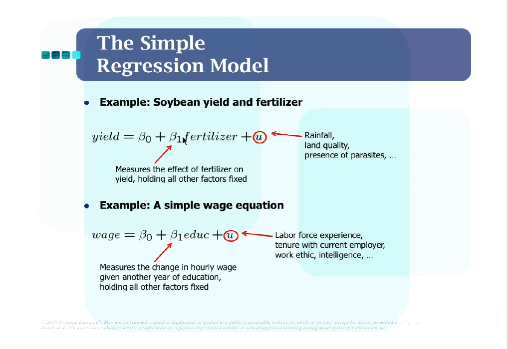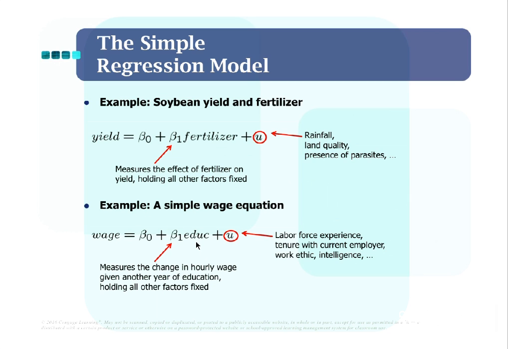In a way, the equation is similar. This beta 1 measures the change in hourly wage given another year of education, holding all other factors fixed. So suppose that your education is increased by 1 year, then the wage on average will increase by beta 1.